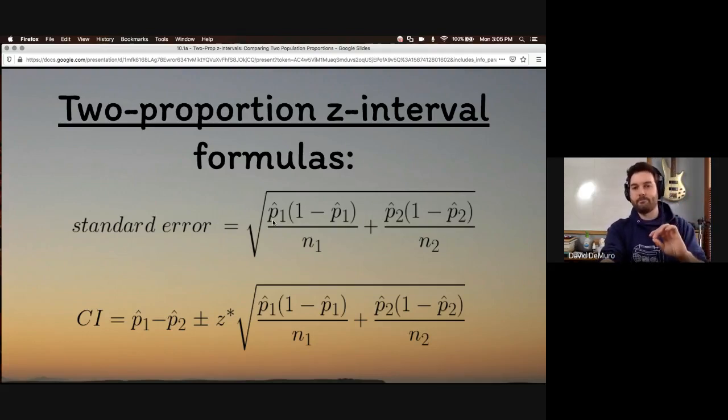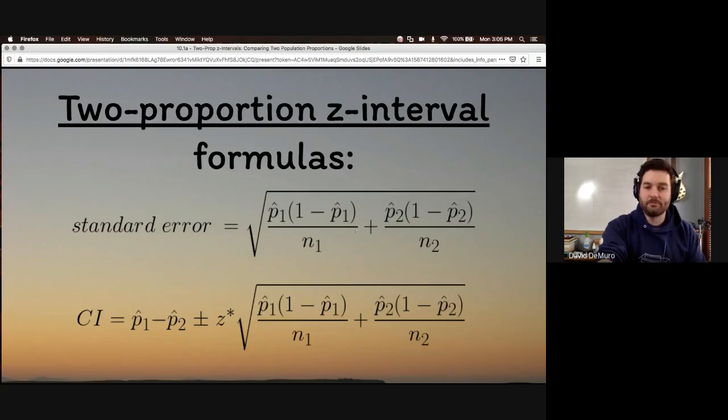Now, when we combine those together, what we essentially do is we square them both, add them together, and then take the square root. And so what we end up with for the standard error when we combine two populations is this big square root, p hat 1 times 1 minus p hat 1 over n1, that's for the first sample, plus p hat 2 times 1 minus p hat 2 over n2, that's for the second sample.